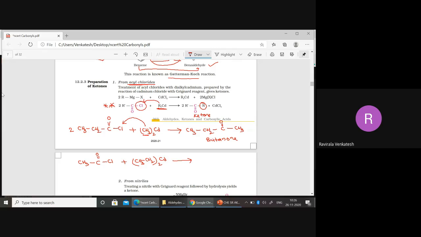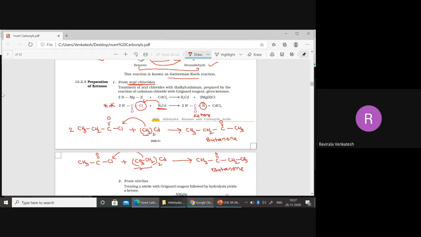Same. Again, this is the R group. The ethyl group will take the position of the chlorine here. CH3, C double bond O, and we get here CH2, CH3. Both are the same. Here also we are going to get butanone only.